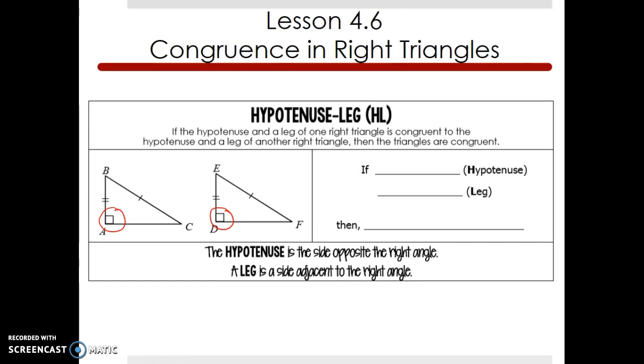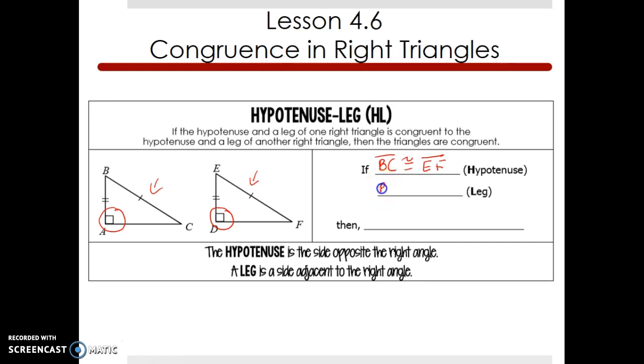So now I'm going to use my hypotenuses. BC is congruent to EF, so this side and this side, and either leg. It can be any one of the pairs.